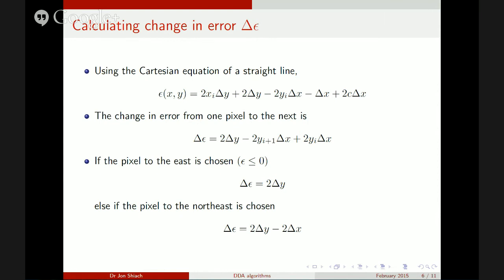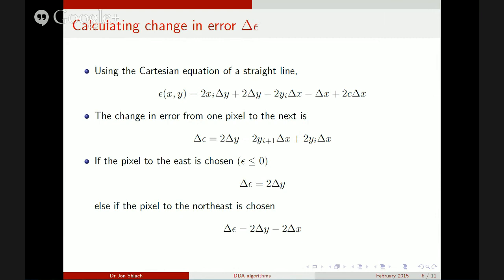So I know all of the stuff on the right-hand side, and I could use that to calculate the error for every pixel along. That's inefficient. Instead, I'm going to see what the change in this error is as I step each pixel along, and then all I have to do is add the change in error rather than recalculating all of that.